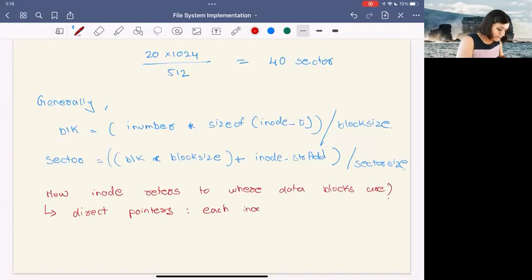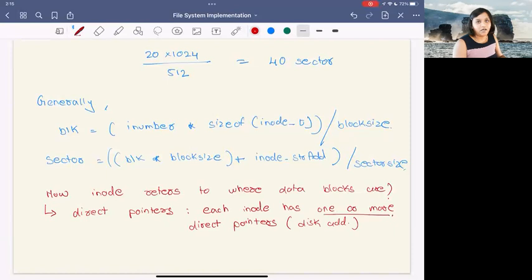So each inode has one or more direct pointers. Now, why did I mention one or more? Think of it. This pointer points to the disk address. Why do we have one or more?